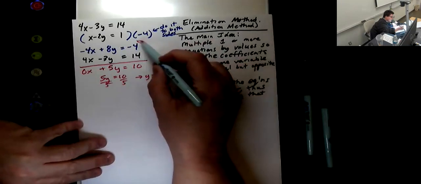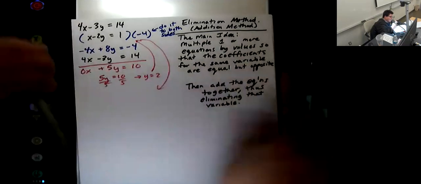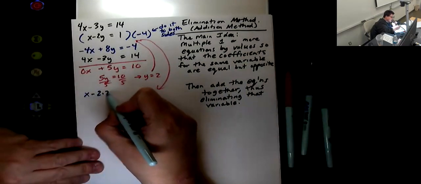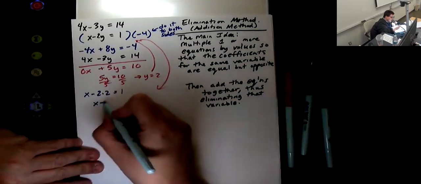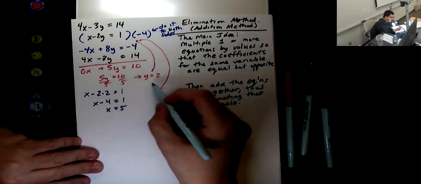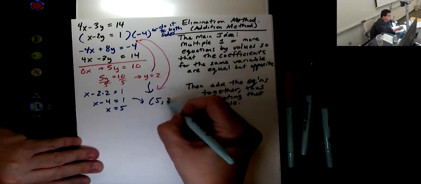And plug it into one of the initial equations and solve. X minus 2 times 2 equals 1. X minus 4 equals 1, so x equals 5. And together, these two get us the same 5, 2.